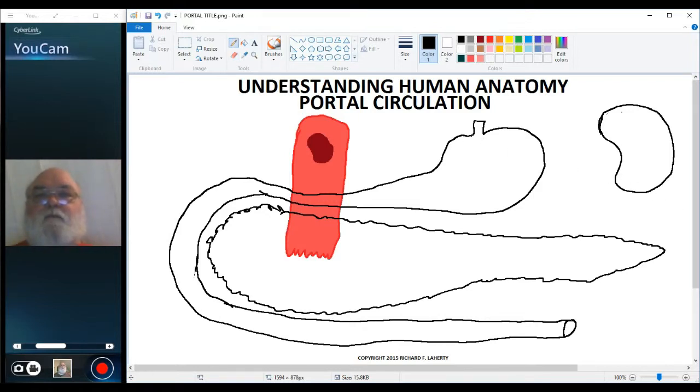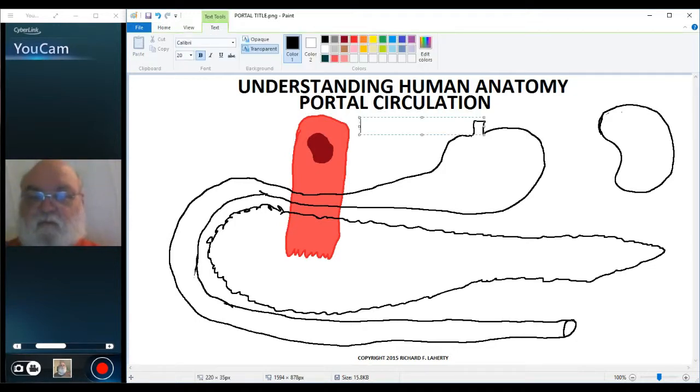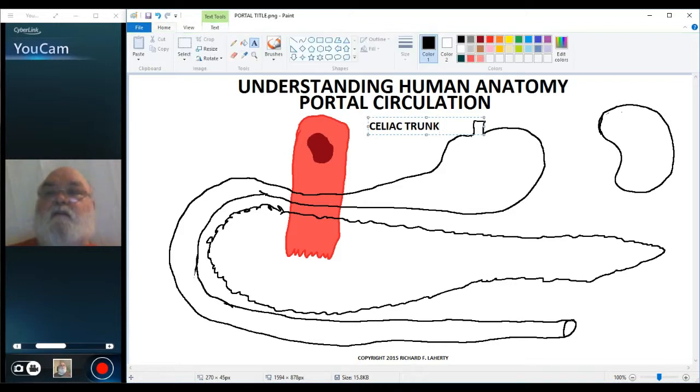Like so. And let me add some labels. The celiac trunk. Draw an arrow to it.